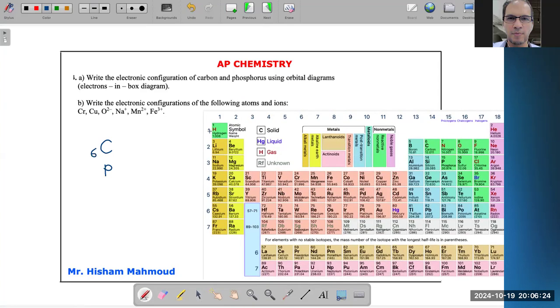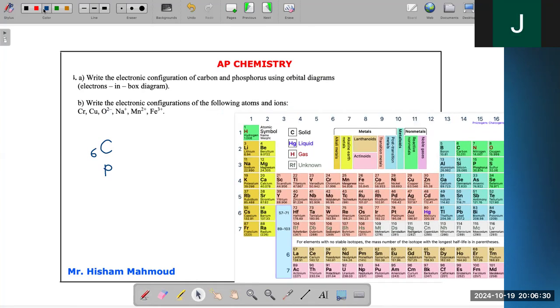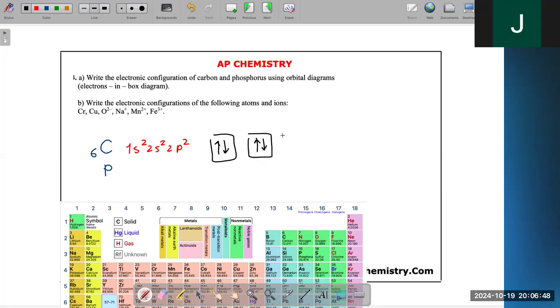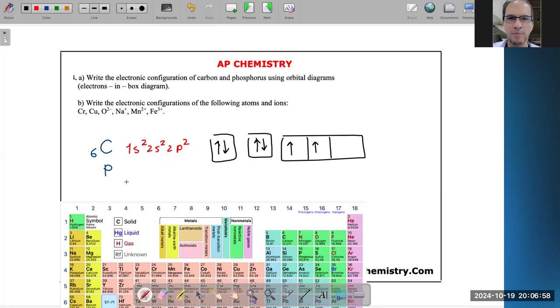So what is the configuration? 1s2, 2s2, 2p2. But I must draw it in boxes. One box with 2 arrows up and down, another box which looks the same, and then 3 boxes with one electron in the first box and the other in the second box. Excellent.